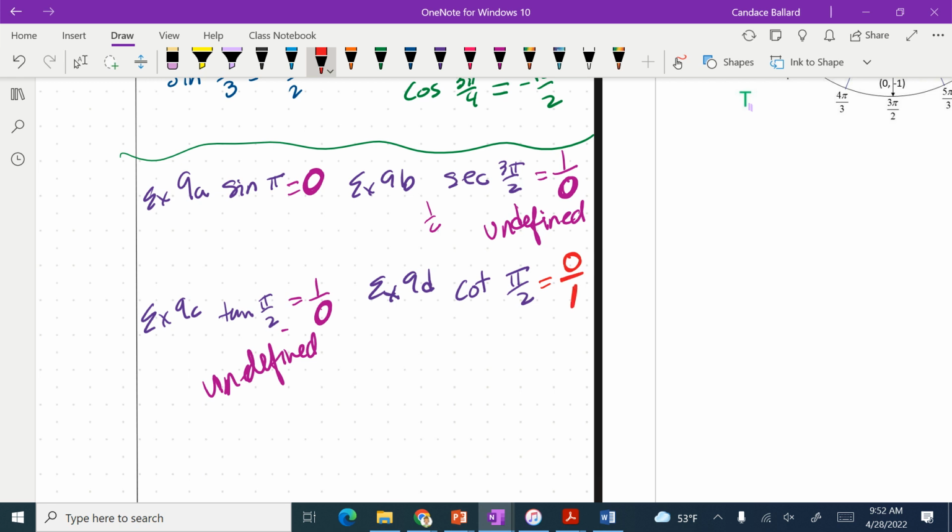Is that okay? That is okay, because I'm allowed to do 0 divided by 1. It's equal to 0. I'm just not allowed to have 0 on the bottom. Okay? All right. That gets us enough for you to be able to work on the assignment.